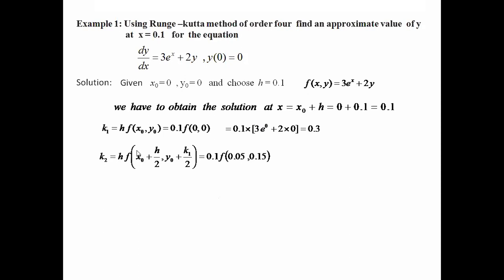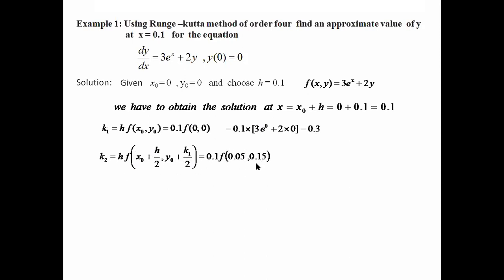Next get k2. k2 is h into f of the slope at a point very near to this point, that is x naught plus half of h, comma, y naught plus half of k1. So x naught is 0, h by 2 means 0.1 by 2, which is 0.05. k1 is 0.3, half of that is 0.15.